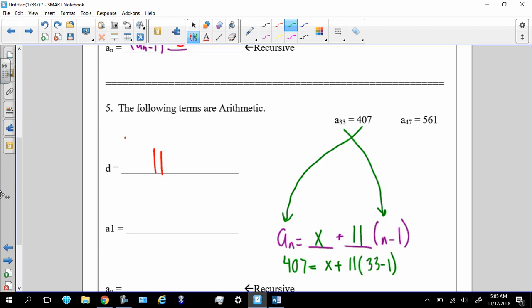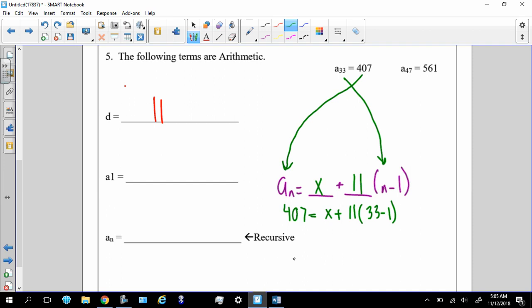So when I'm working out the algebra here, 407 is equal to x plus, let's see, 352. Now I'm subtracting 352, and my answer ends up being 55.